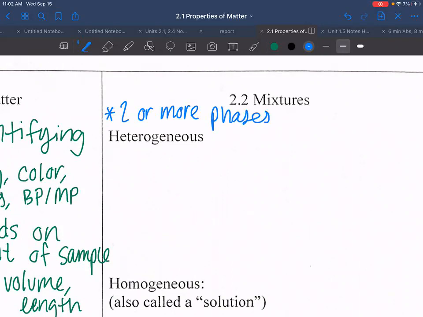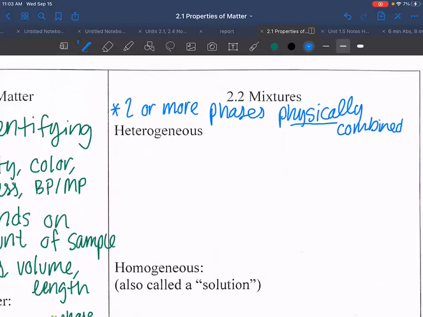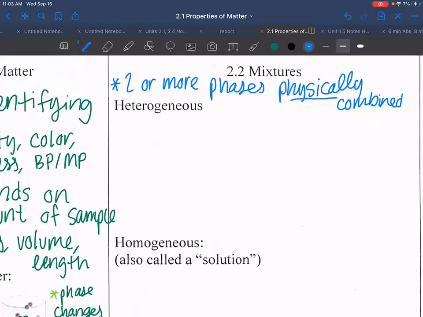Physically or chemically if it's a mixture? Physically. That is super important. This means if they're physically combined, we can separate them using physical methods as well. And so we had two main classes that we split our mixtures into, heterogeneous and homogeneous.